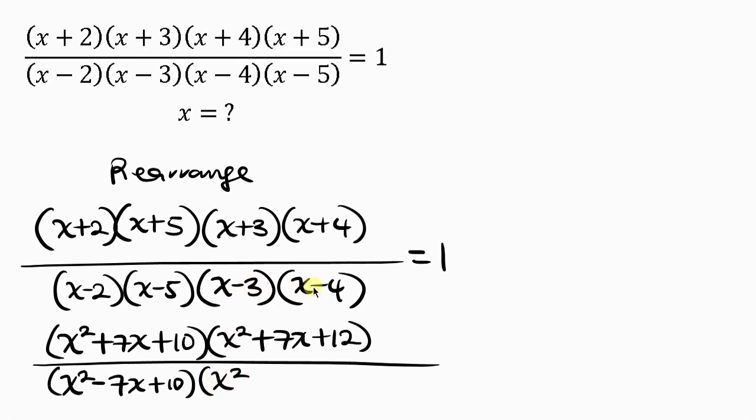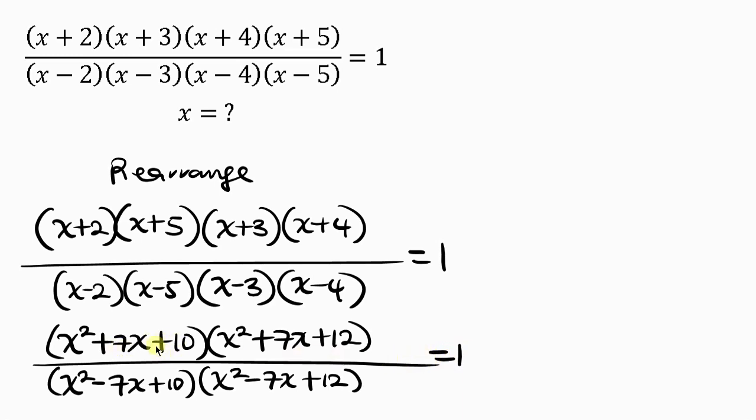Minus 3 plus minus 4, that's minus 7x. And lastly, minus 3 times minus 4 is plus 12. And this is equal to 1. Very good. So we have some synchronization here.